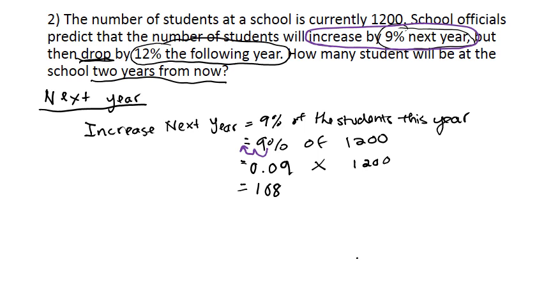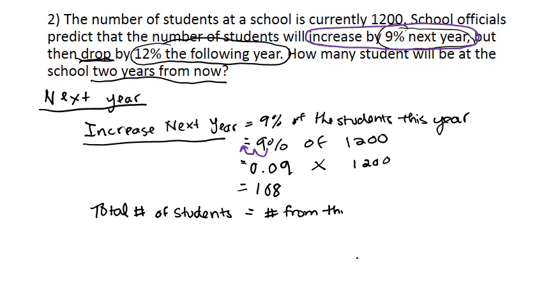Now does that mean there's 108 students there next year? No, that means that the increase, how much the population will increase by, is 108 students. So then to find the total number of students, we need to take the number we had before and add the increase.